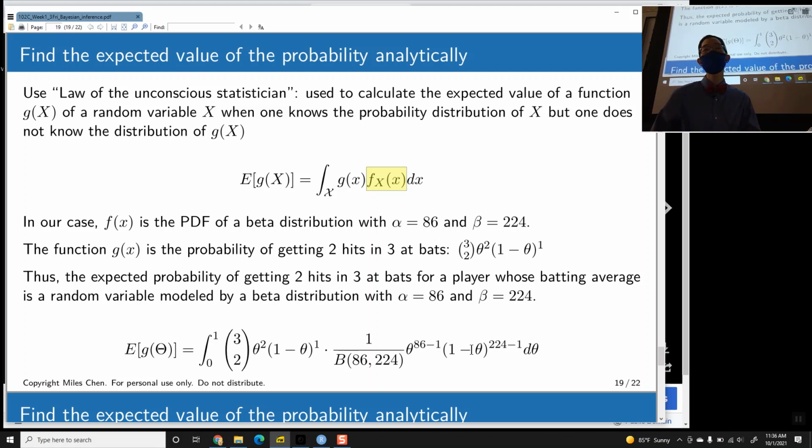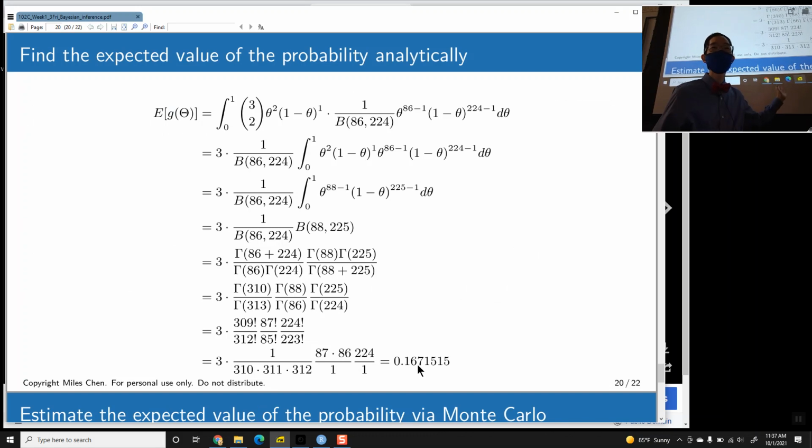Okay? And this is how we would calculate the expected value of the function applied to the random variable. Okay, so analytically, to get the answer, this is what we've got to do. It looks messy. It is a little bit messy, but it's also definitely doable.